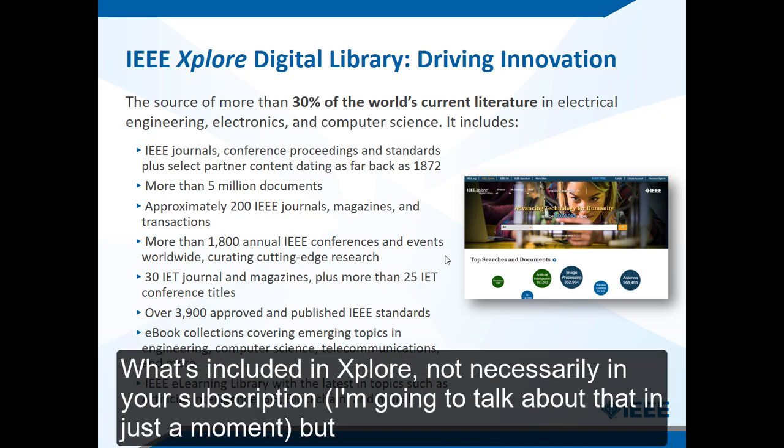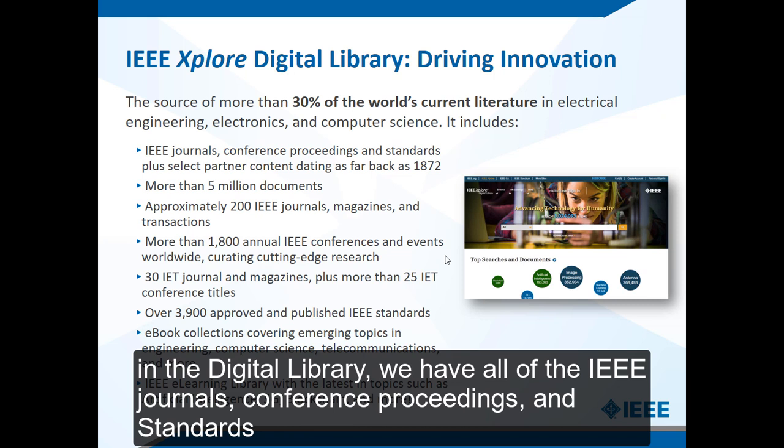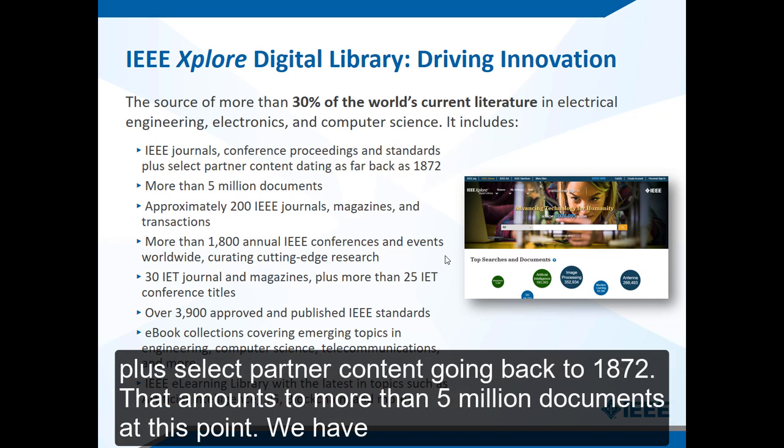What's included in Xplore, not necessarily in your subscription, I'm going to talk about that in just a moment, but on the digital library, we have all of the IEEE journals, conference proceedings, and standards, plus select partner content going back to 1872. That amounts to more than 5 million documents at this point.